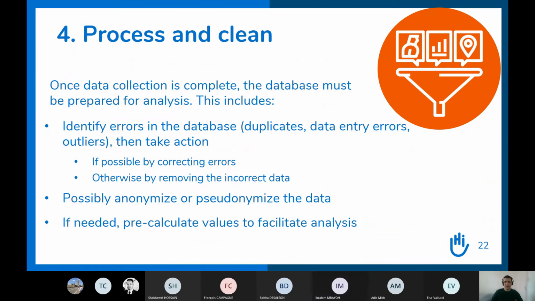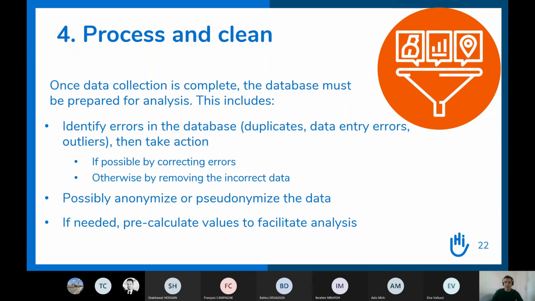Sometimes you will have enough information to correct it, or you will just have to discuss with the data collectors, or maybe they can go to the field again. Sometimes you won't be able to correct the errors, and then the only option might be to remove the incorrect information and treat it as missing data instead of errors.